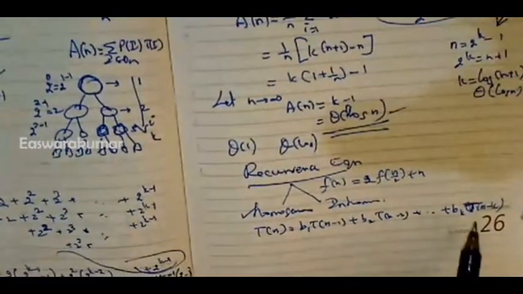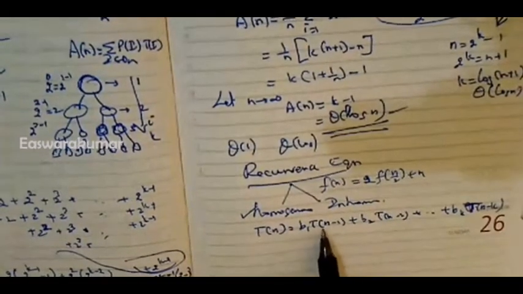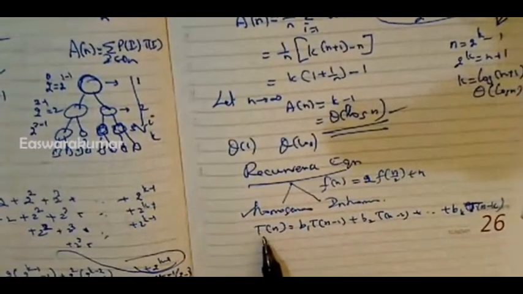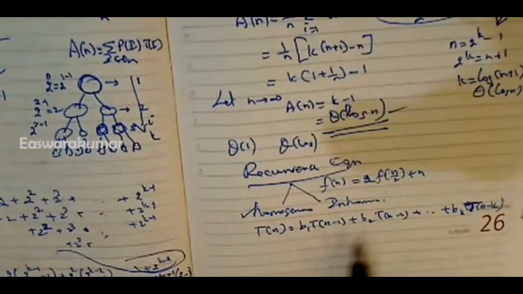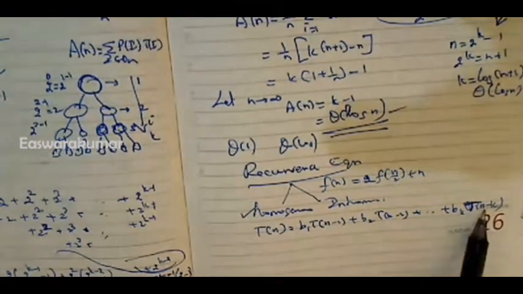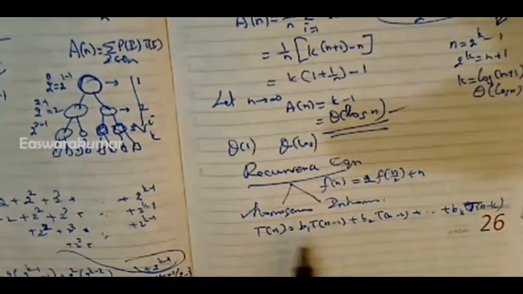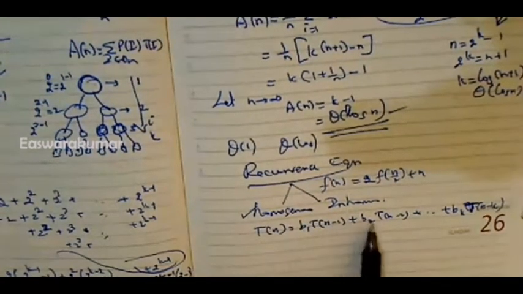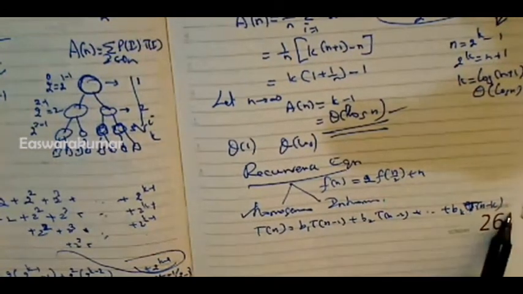The reason is, if you look at the left hand side, the function is T, right? The right hand side terms also have the function T. If you bring all the terms containing the function T to the left hand side, what will be at the right hand side?